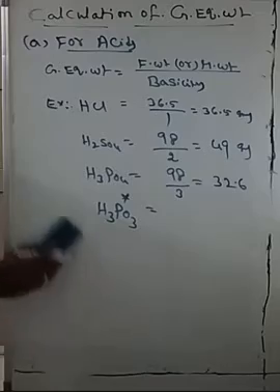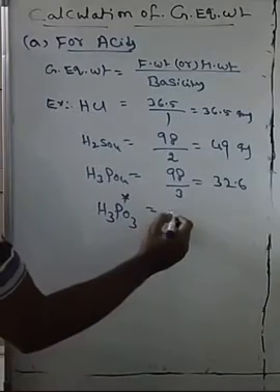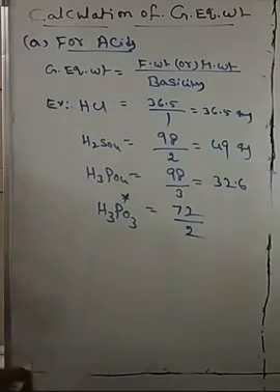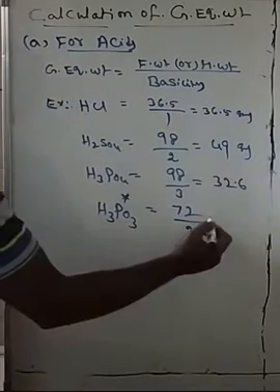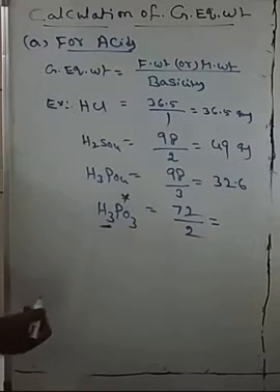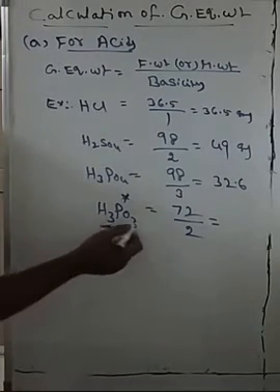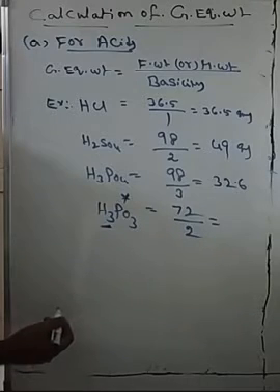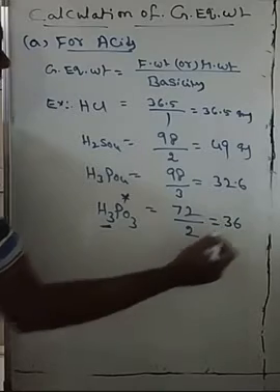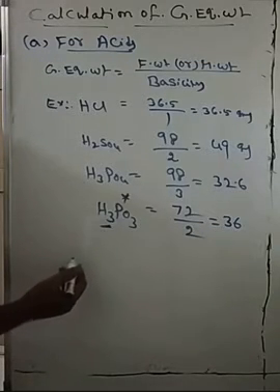So the molecular weight is 72, divided by 2 only, but not 3. Here you expect 3 hydrogens, so basicity would be expressed as 3, but here basicity is taken as 2. So therefore, what is the value? 36.